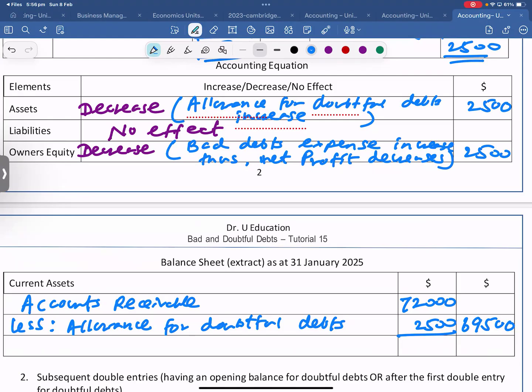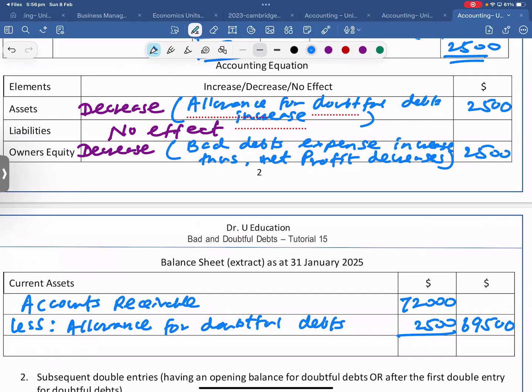So this 69,500, can anybody tell the term for it? Net accounts receivable. Very good. You don't have to say it, but you can explain what is on top of that.